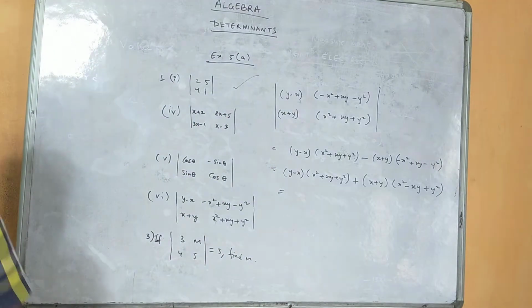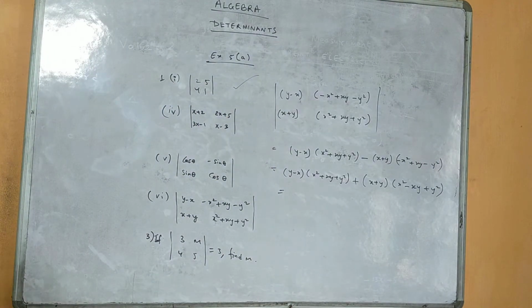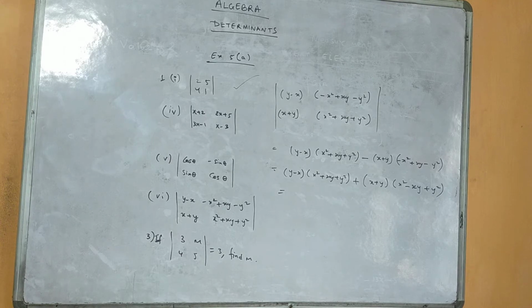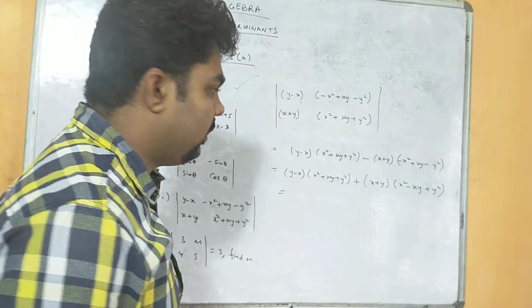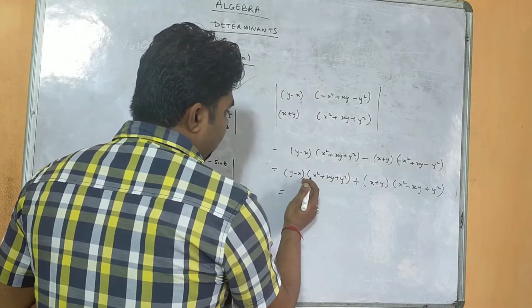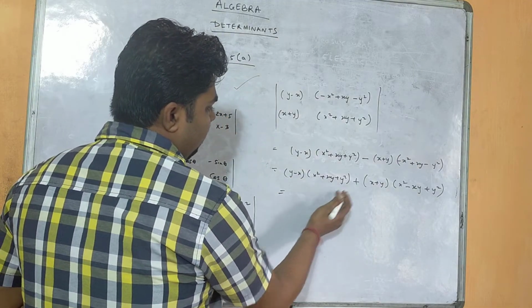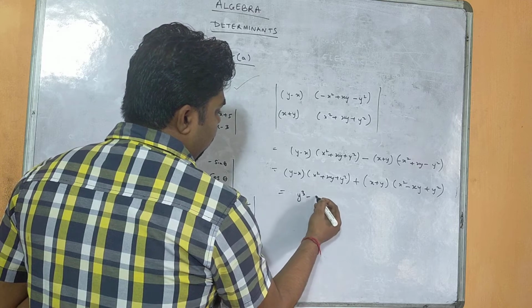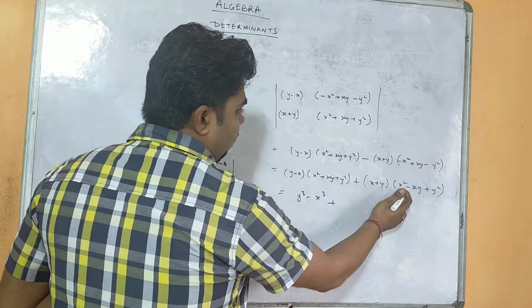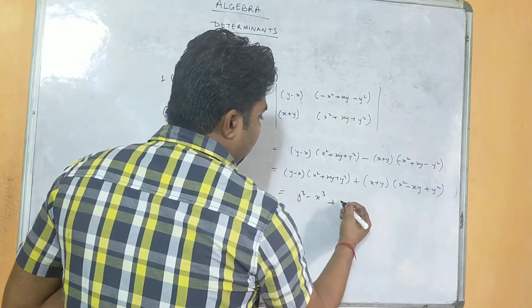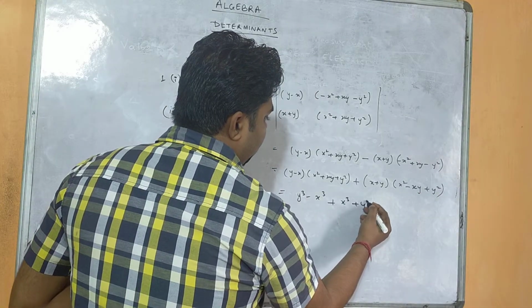Okay, so here in this step we have to apply the formula for the cube: a minus b, a square plus ab plus b square, this can be written as a cube minus b cube. And a plus b, a square minus ab plus b square, that is a cube plus b cube.